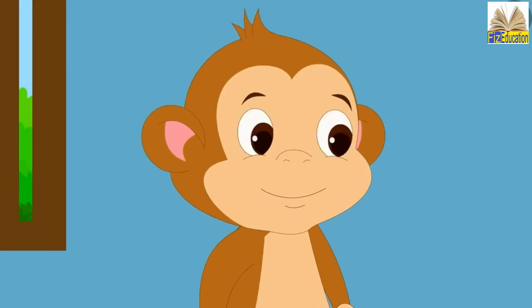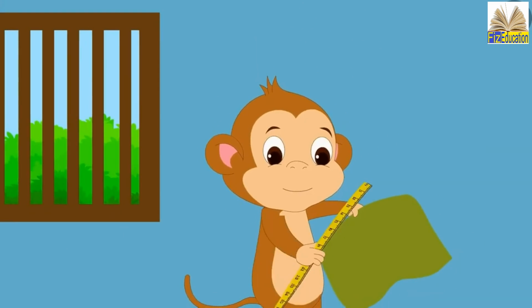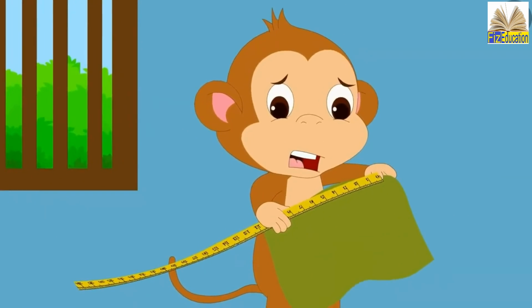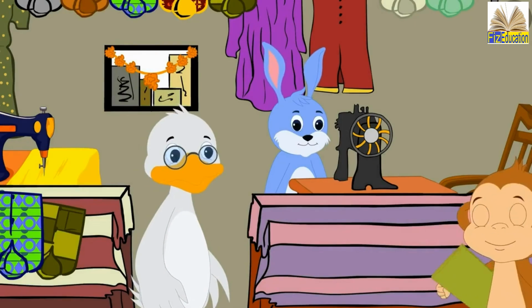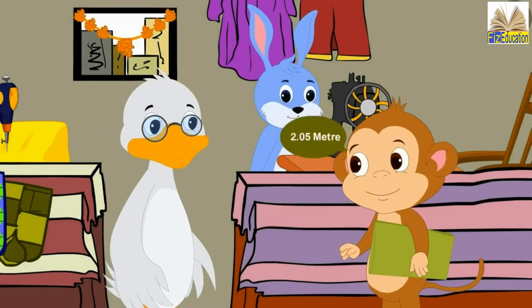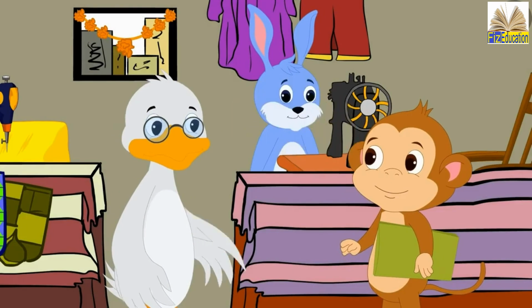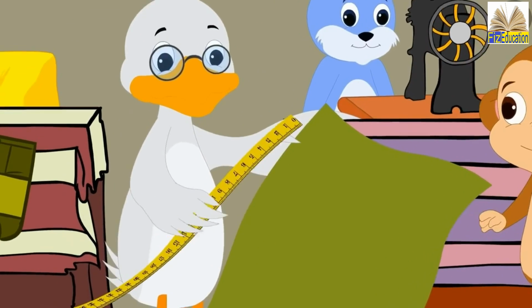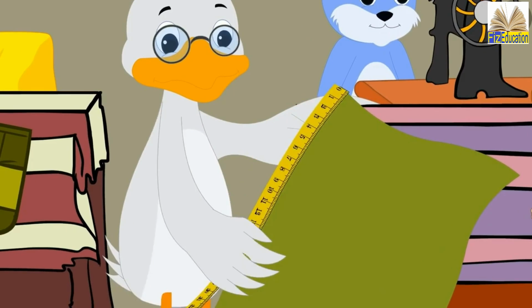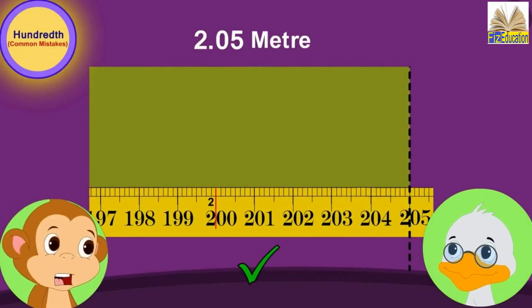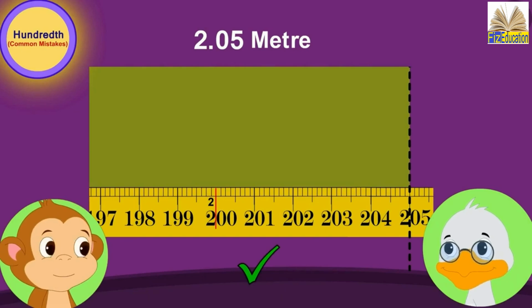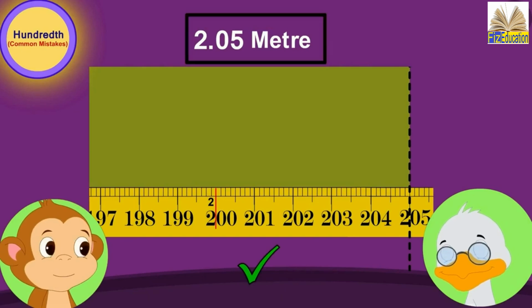On returning home, when Babban measured the cloth with his tape, he found that the length of the cloth was 2.05 meters. He immediately reached uncle's shop. When he told this to uncle, uncle once again measured that cloth with his tape and found that Babban was right. The length of the cloth was actually 2.05 meters.